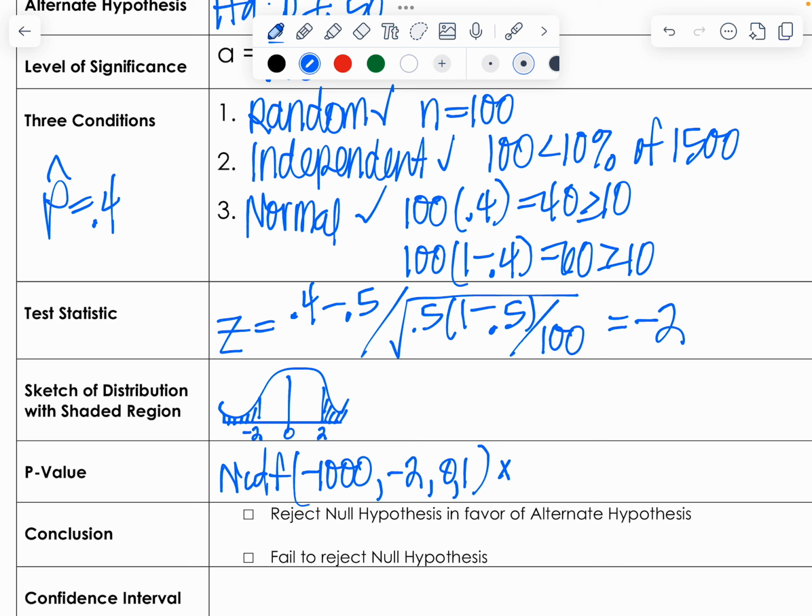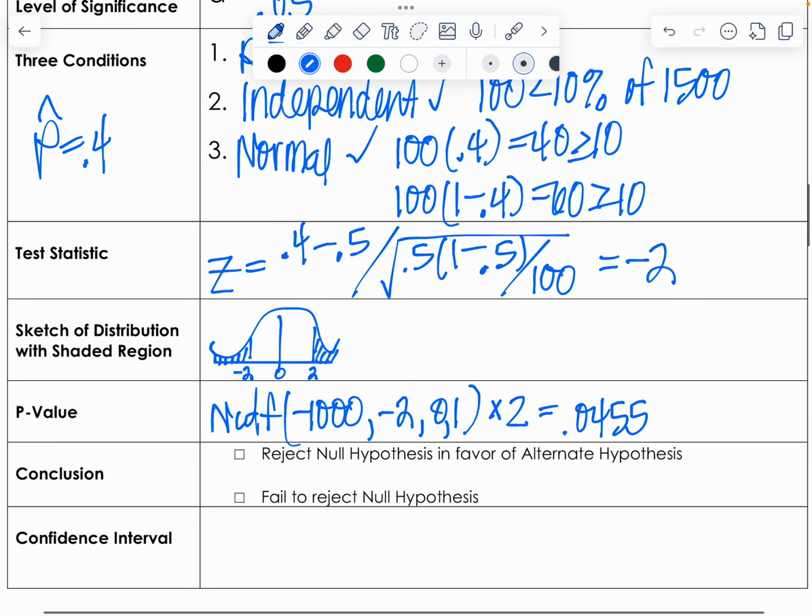And then I multiply that by 2 because it's symmetric. So the shaded area on one side is the same as the shaded area on the other. All right, so times 2 is 0.0455.